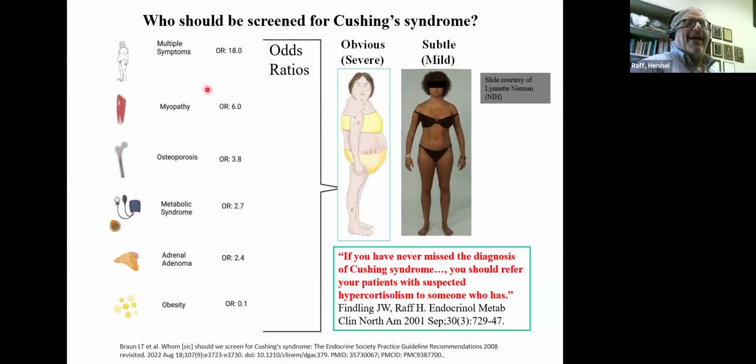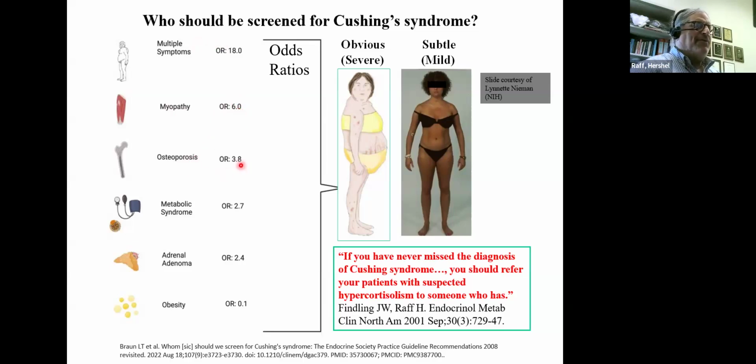Well, you certainly don't screen everybody, but there's certain things that can give you a hint. If they have multiple combinations of the symptoms I showed on the previous slide, like diabetes, hypertension, obesity, specific proximal myopathy that's unexplained, the odds ratio is 6-fold, 18 for multiple symptoms, 6-fold for straight myopathy.